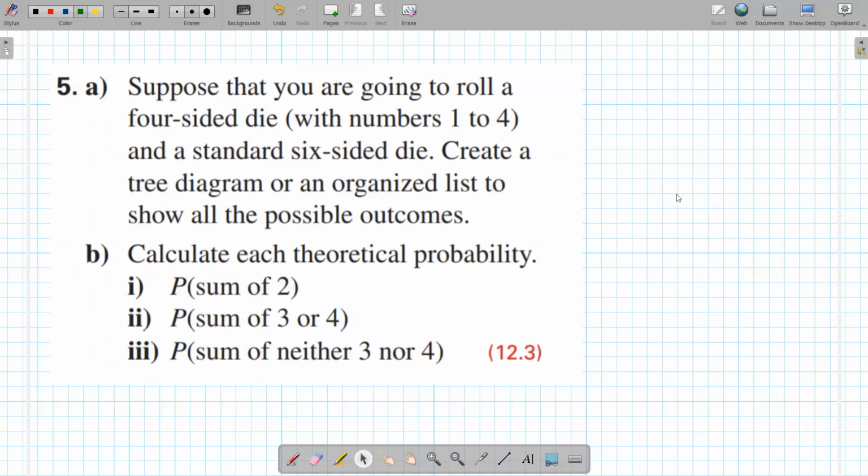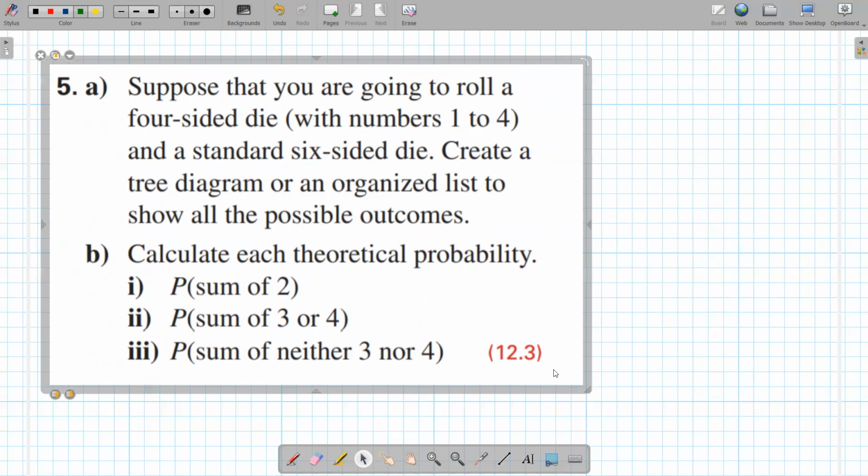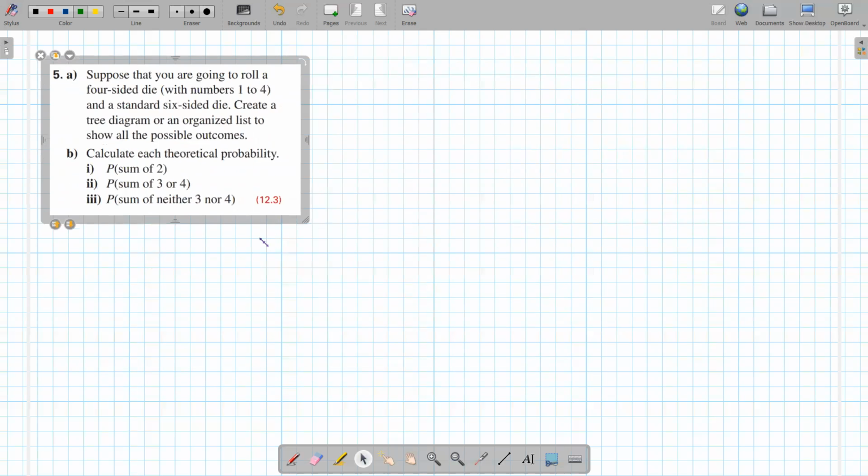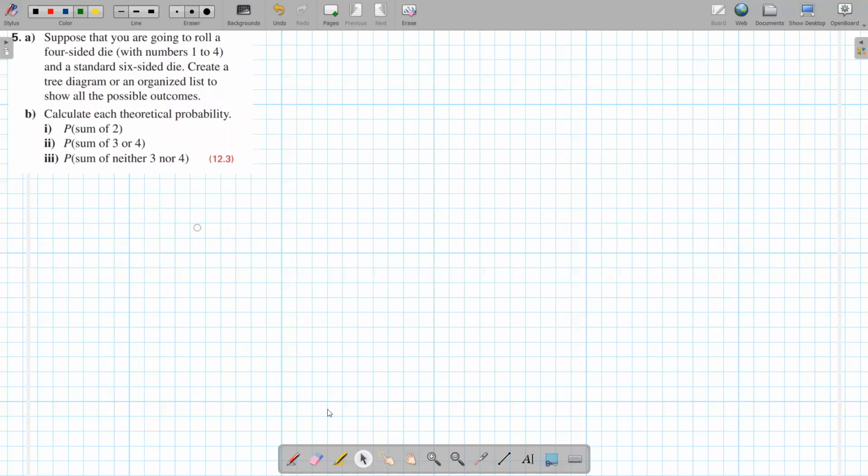Suppose that you're going to roll a 4-sided die and a standard 6-sided die. So let's first roll a 4-sided. What are the options? Of just getting a 1, 2, 3, or 4.